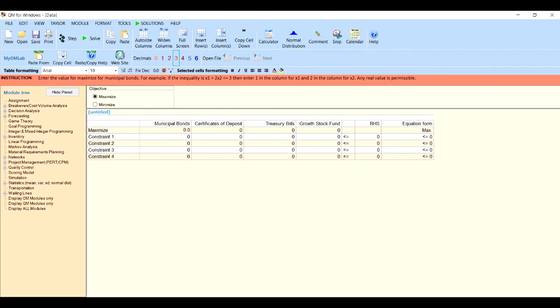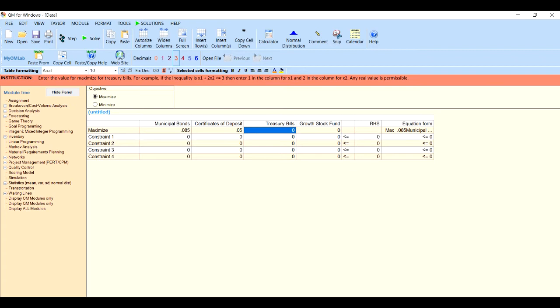Let's pull up our calculator. So we want our maximum invested of 70,000 is 20%.